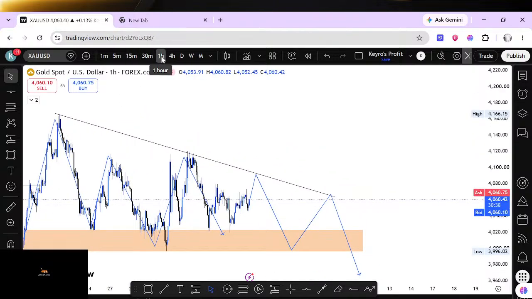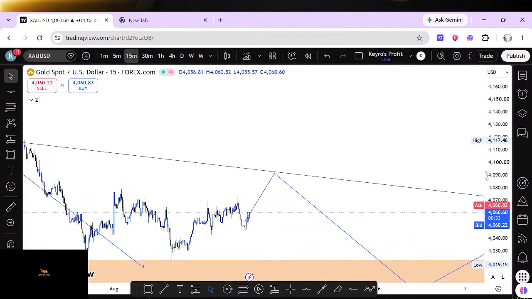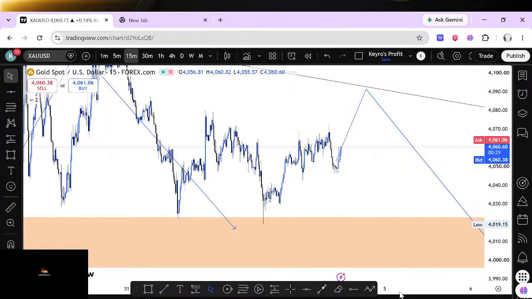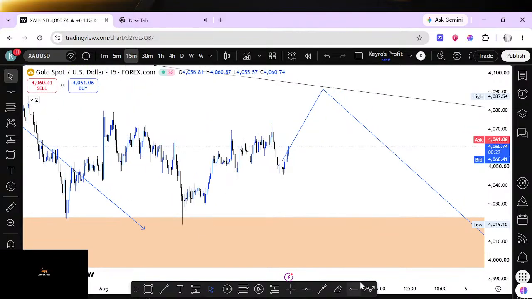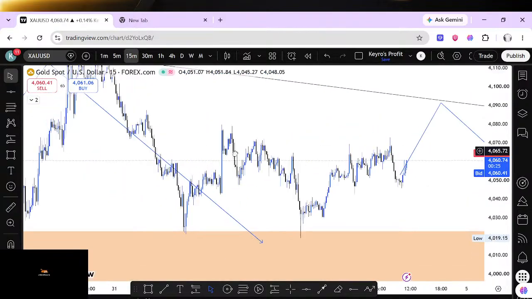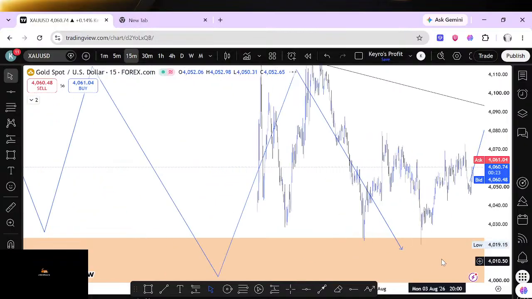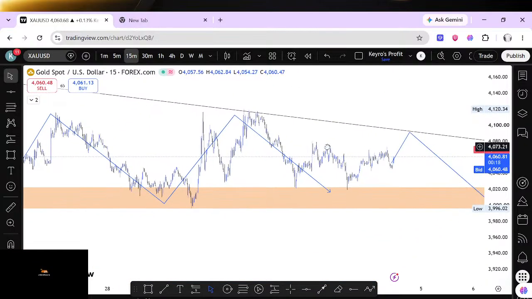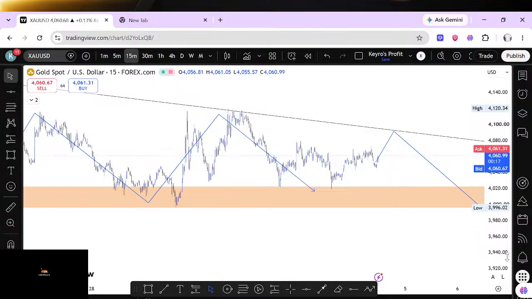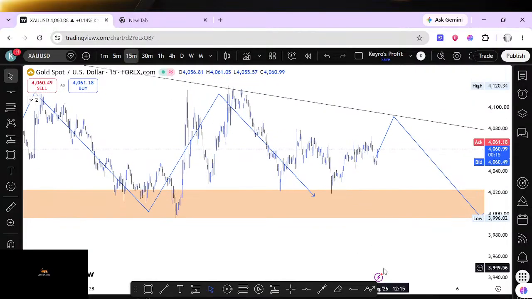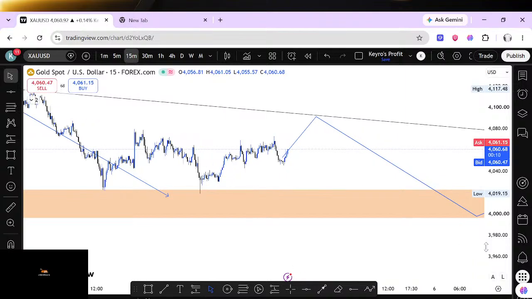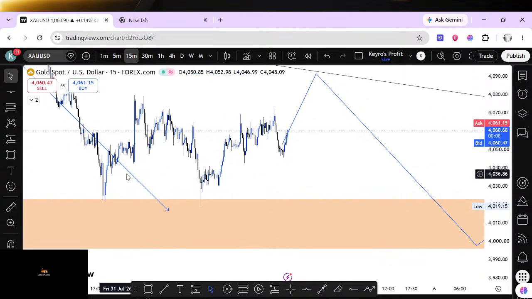I like moving from the 1 hour to 15 minutes directly, because this is where I mostly find my interest, in the 15-minute time frame in most cases, or the 5-minute time frame. Having this, we have now seen the momentum that we have in the market. This is what we are expecting, and what we are watching at the market right now.